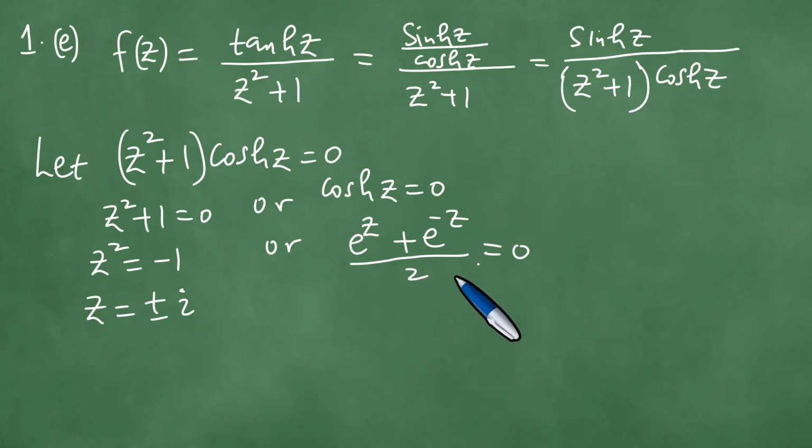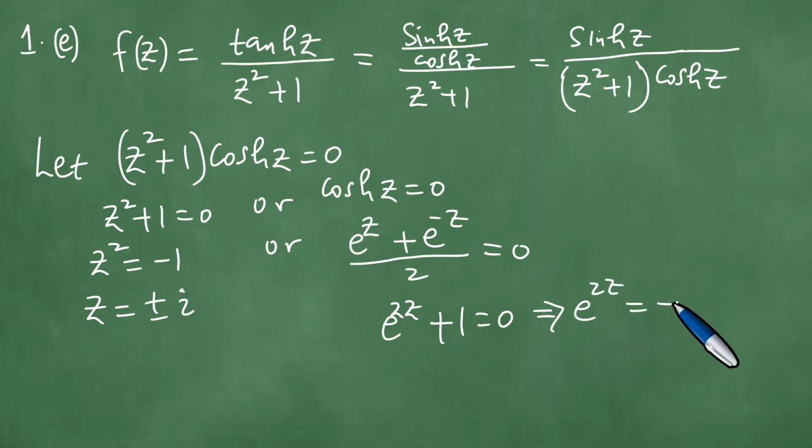So you cross multiply and this becomes e to the 2z plus 1 is 0, which means e to the 2z is equal to minus 1, which means therefore that 2z is the natural log of minus 1.